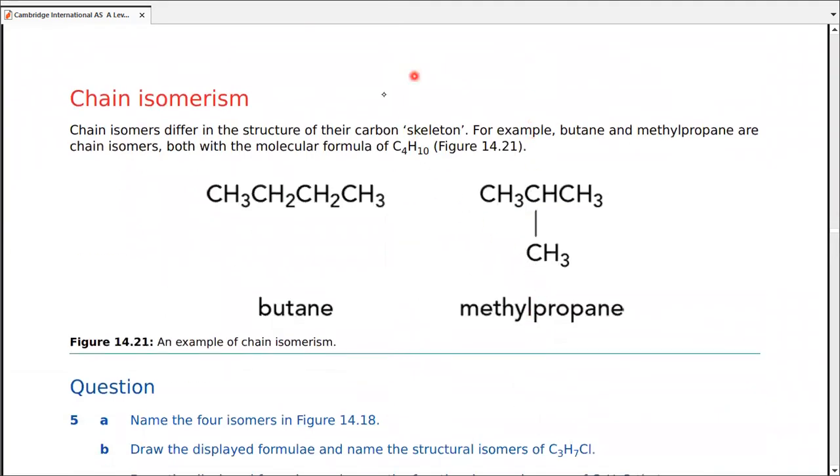Now here, we also use the word isomers. For these, we can specifically say they are chain isomers to one another, because we understand they have the same molecular formula but different structure. This is the common term we have been using for structural isomers.